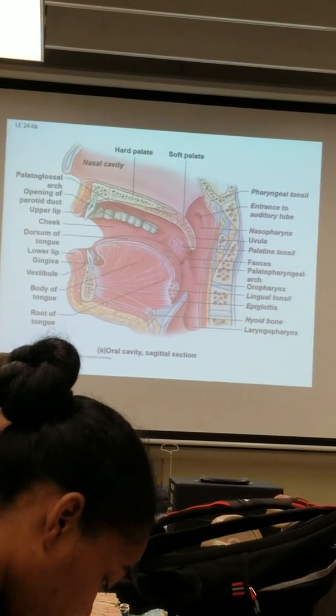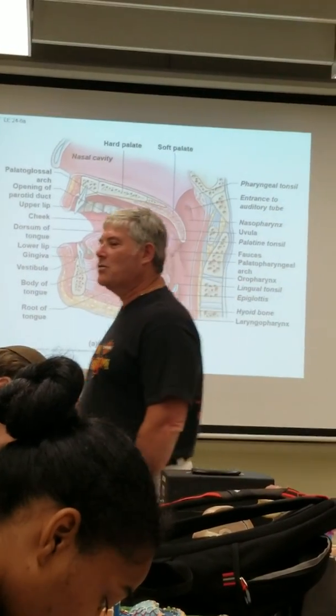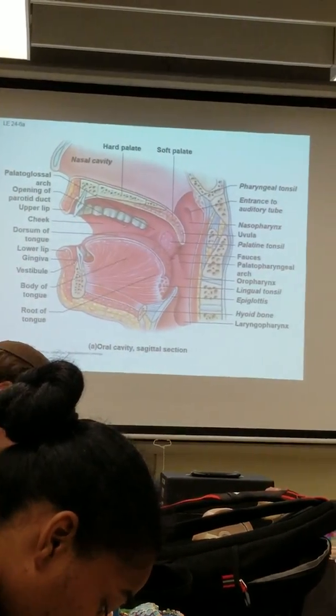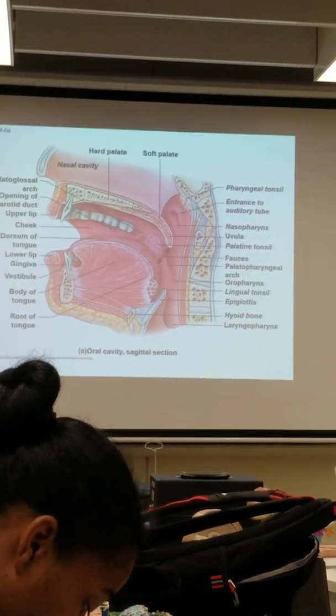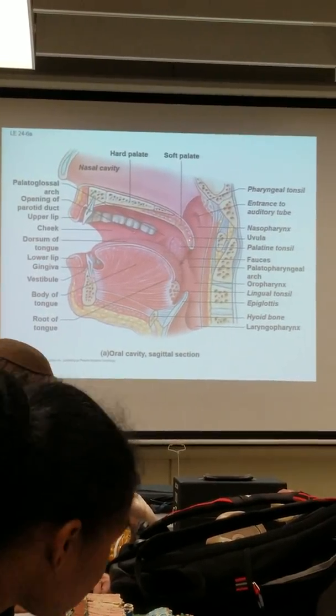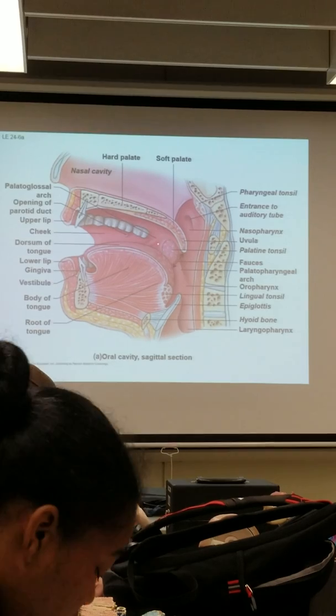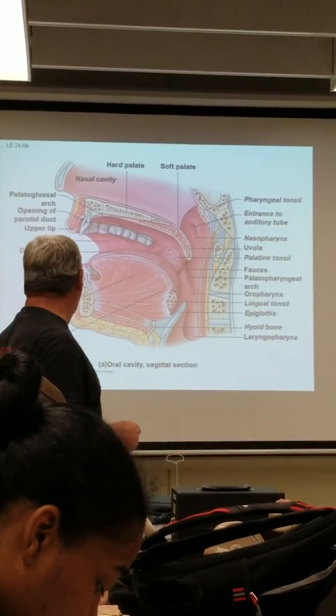Palate. Okay? Now, at the end of the soft palate, guys, we have that thing that hangs down the back of our throat called the what? Uvula. Here's the uvula right here. That's that structure hanging down in the back of the throat, at the end of the soft palate.